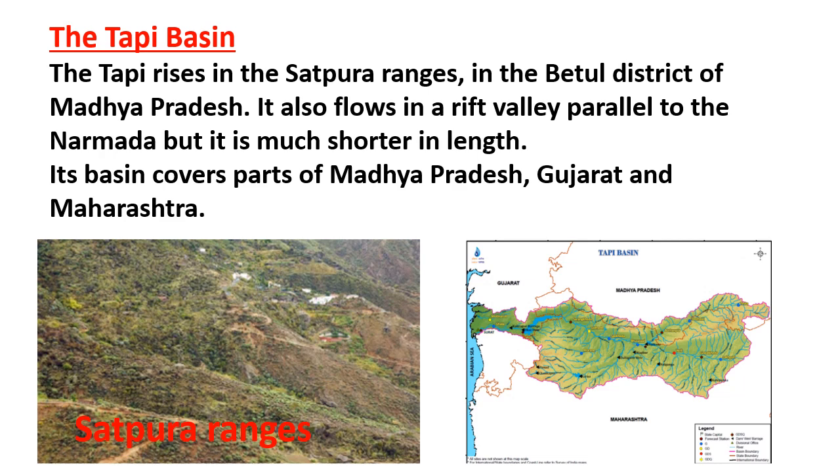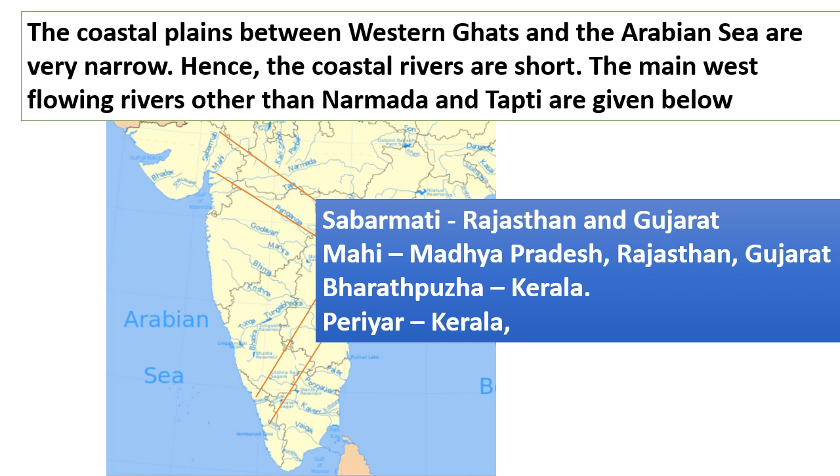The Tapi Basin. The Tapi rises in the Satpura Ranges in the Betul district of Madhya Pradesh. It also flows in a rift valley parallel to the Narmada, but it is much shorter in length. Its basin covers parts of Madhya Pradesh, Gujarat, and Maharashtra. The coastal plains between Western Ghats and the Arabian Sea are very narrow, hence the coastal rivers are short.